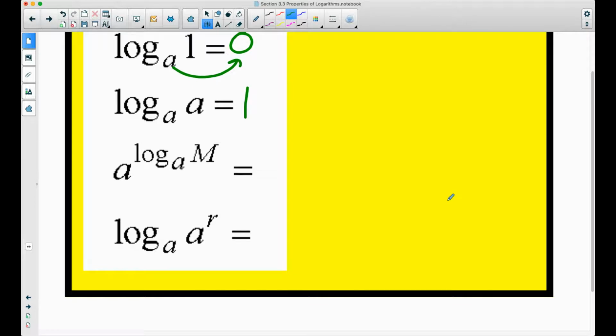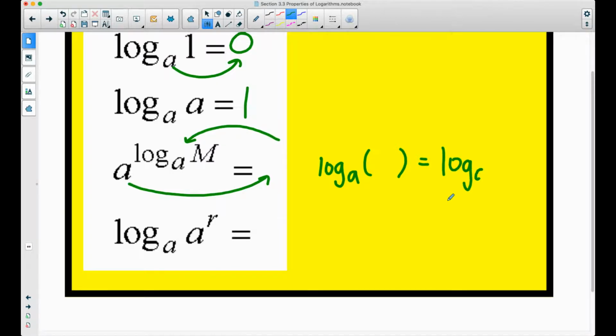Okay, the next one's kind of weird because you're in exponential form, but there's a logarithm in it. So it's really confusing when you have the two together, okay? But if I'm changing from exponential to log, I would say log base a of, we don't know, equals log base a of m.